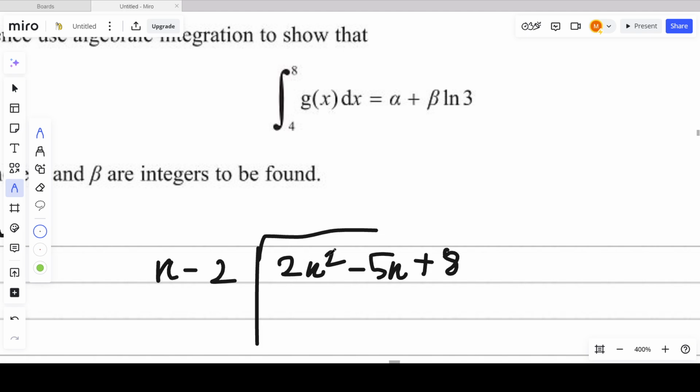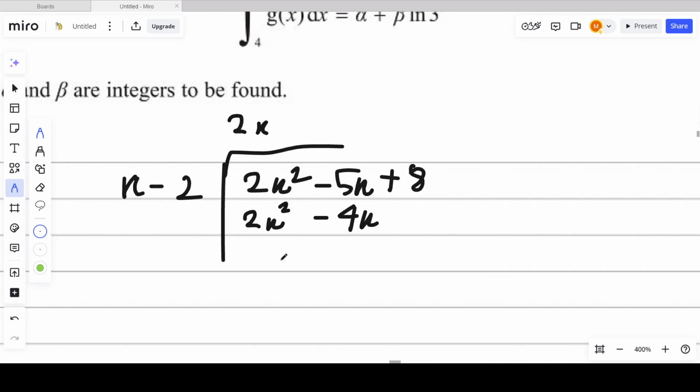The first term of the dividend is 2x squared. So what do we need to multiply with the divisor to get 2x squared? Definitely 2x. So 2x times x is 2x squared, and 2x times negative 2 is negative 4x.